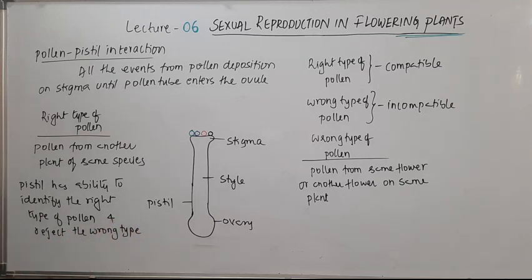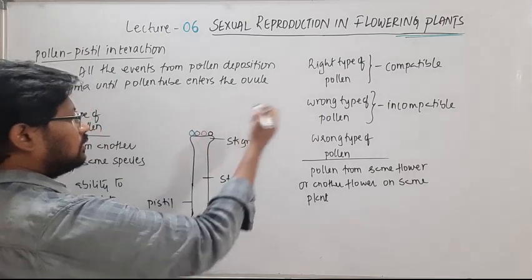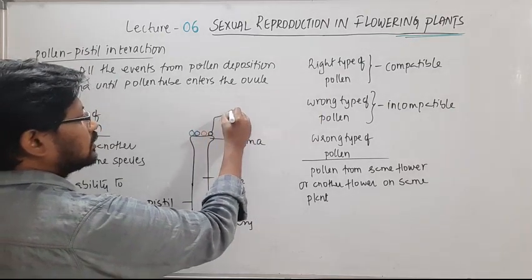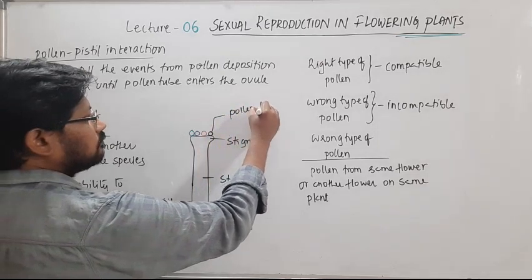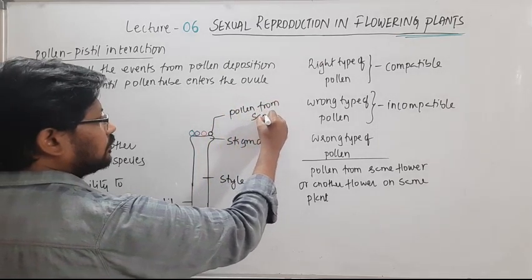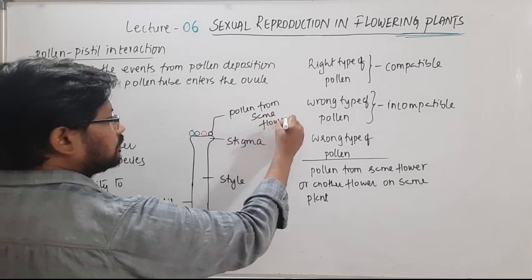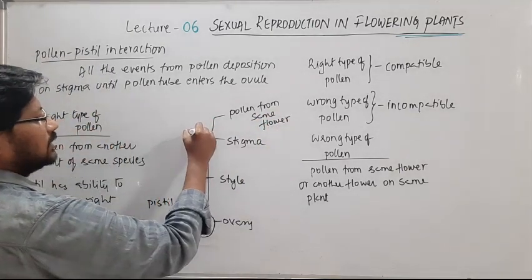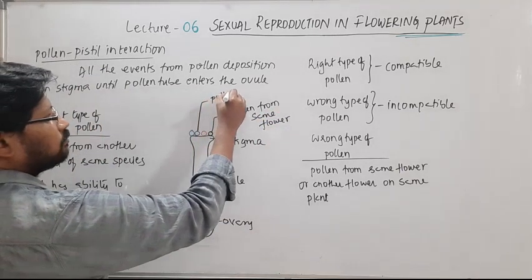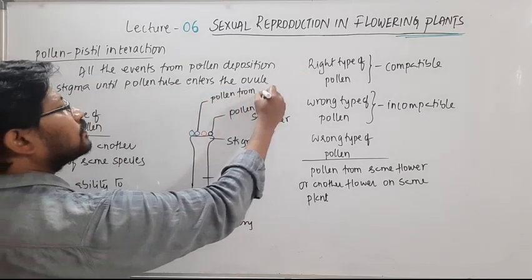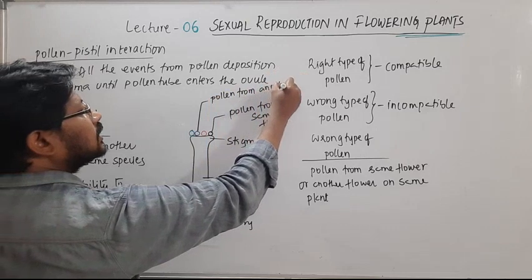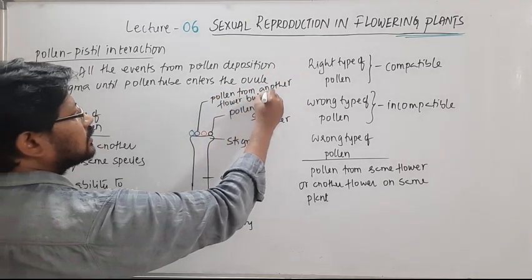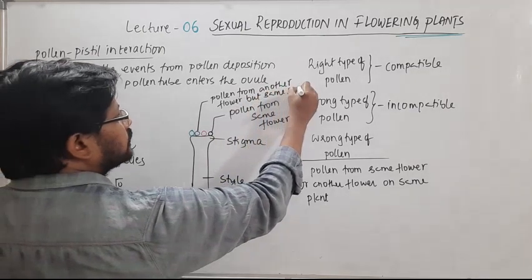So here, let's say out of these various pollen grains that settle on this, say this is a pollen from the same flower. And say this is a pollen from another flower but the same species.